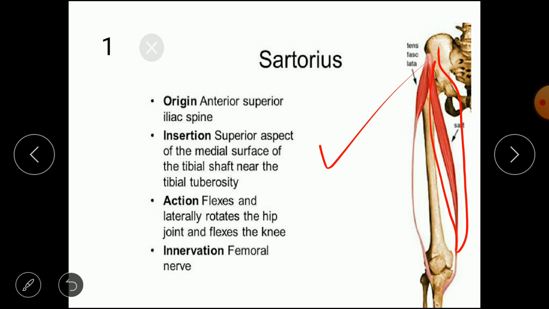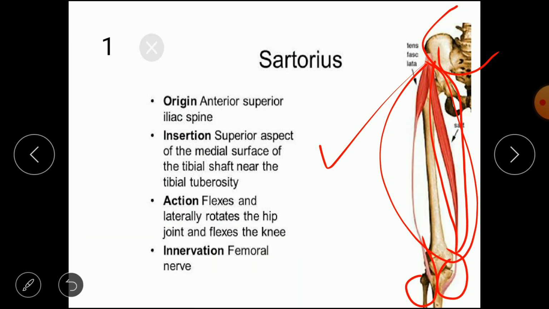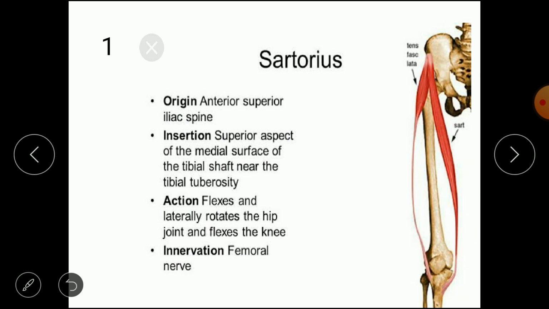This is the tibia bone, this is the fibula, the long bone is the femur bone, and this is the pelvis. So it inserts at the tibial tuberosity of the tibia bone, and originates from the ASIS, the anterior superior iliac spine.